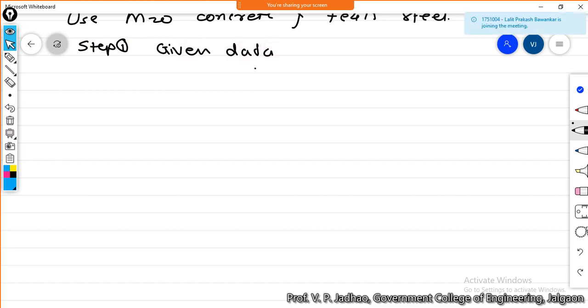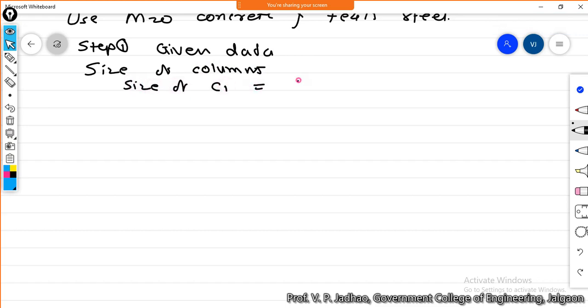Okay, what is the given data? First is size of columns. Size of C1 is given as 400 mm by 400 mm. Size of C2 is given as 500 mm by 500 mm.